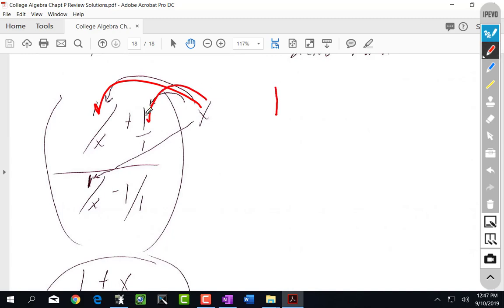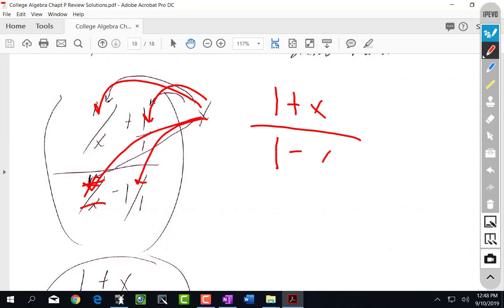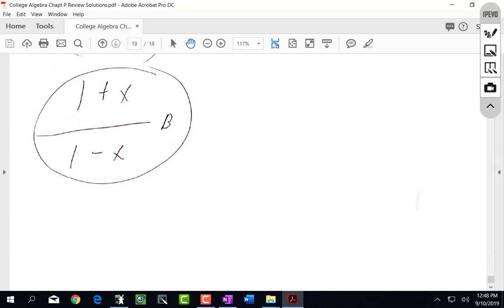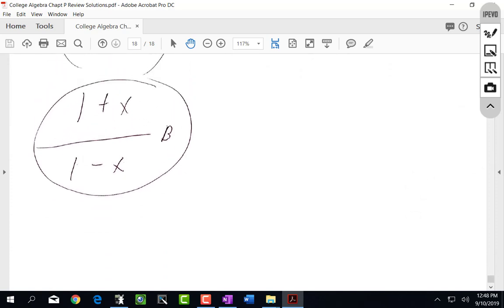When I multiply this next term by it, nothing simplifies down, so I'm just left with my x. When I multiply this term by it, x over x, again those cross out, and that's going to be 1. When I multiply this term by it, that's going to be minus x. So my answer is going to be 1 plus x all over 1 minus x. And that answer matches with B.